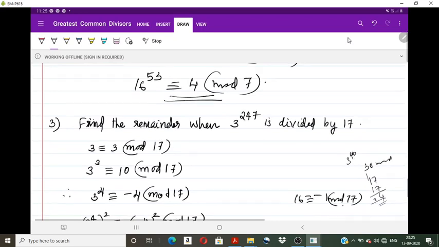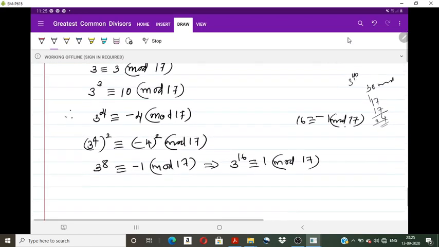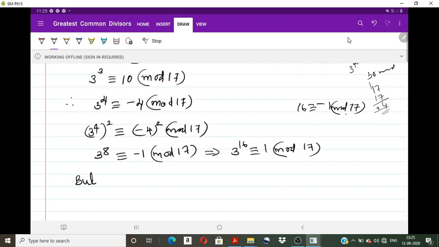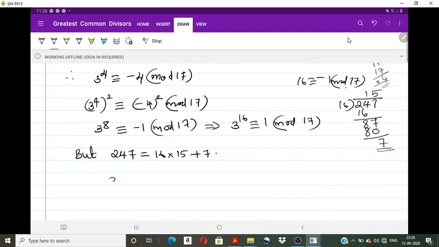But we have to find 3 raised to 247. By division algorithm, 247 is equal to 16 into 15 plus 7. So we have 3 raised to 247 is equal to 3 raised to 16 raised to 15 into 3 raised to 7.